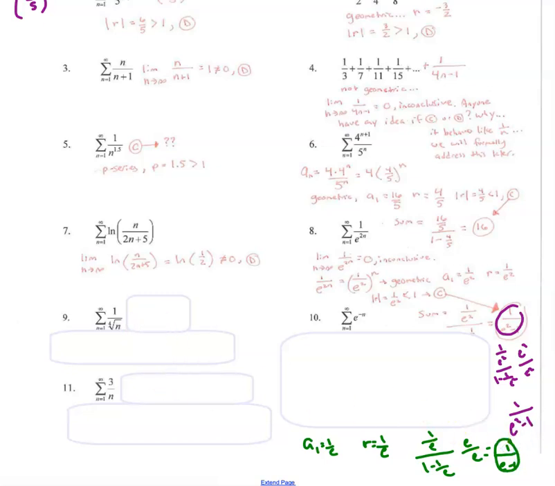All right, it's time to go back and talk about number 9. This is a p-series with a p-value of 1/4. So this is divergent because the p-value of 1/4 is less than 1. And number 11, this one looks to be like a harmonic p-series, but what you need to do to make this into a harmonic p-series is to factor out that 3 in front here, and then have a 1 here.